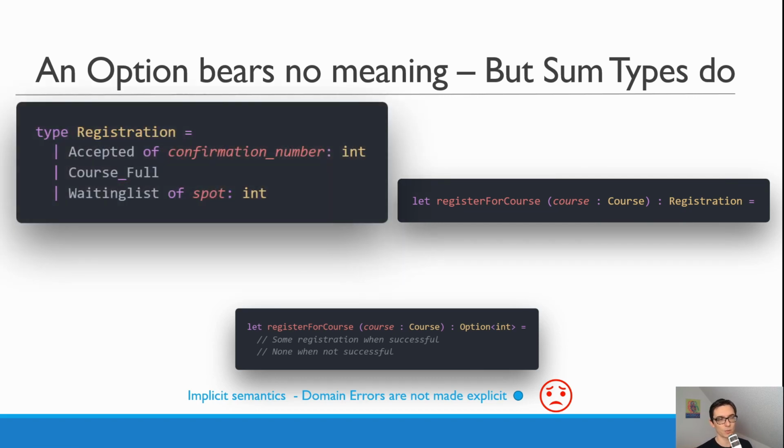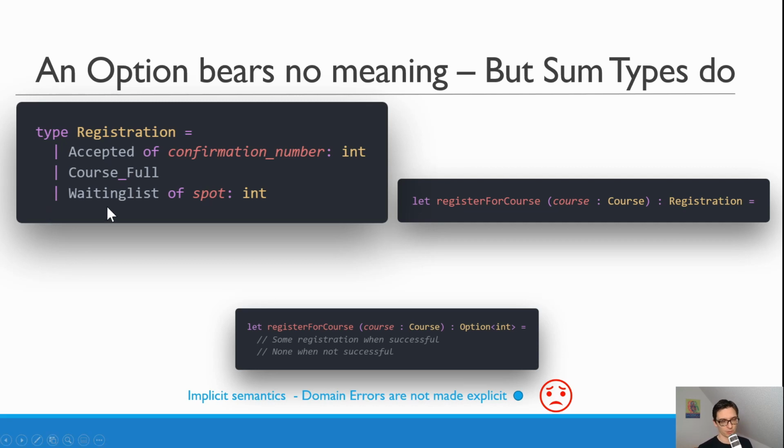So in this case, we have a registration. And the registration consists of 3 possible cases. So the first one is accepted. And if it was accepted, it wraps some kind of confirmation number, which is an int in our case. And another thing could be that the course is just full. So it was rejected because the course is full.